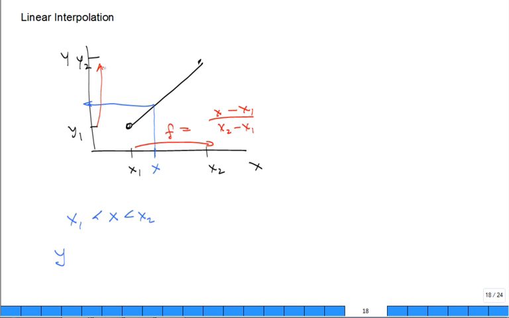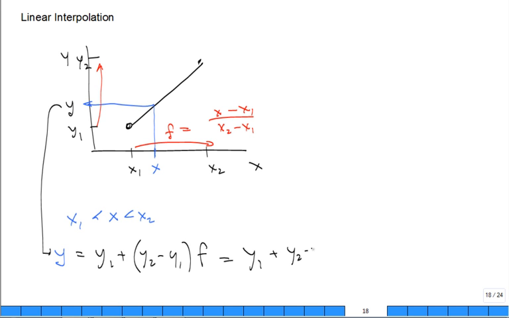The same fraction, 20%. That's linear interpolation. So y would equal y1 plus y2 minus y1 times that fraction I moved: y1 plus (y2 minus y1) times (x minus x1) divided by (x2 minus x1).